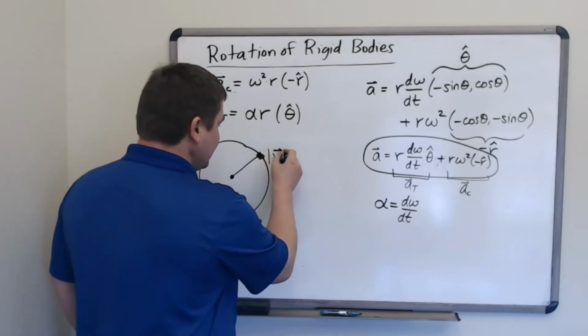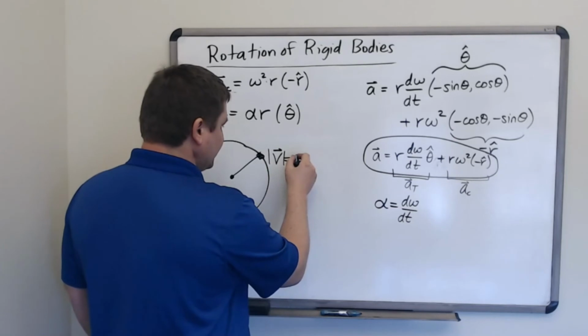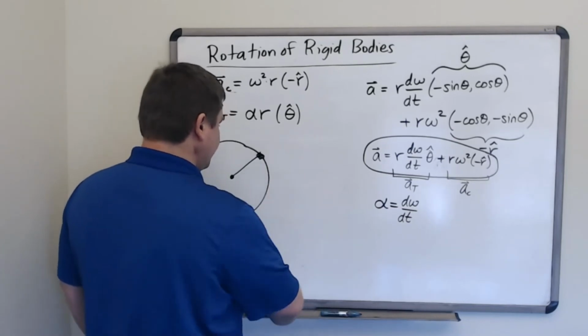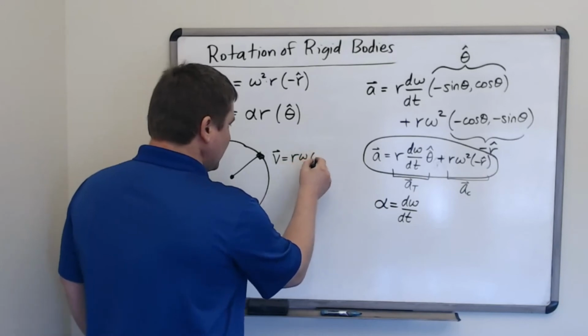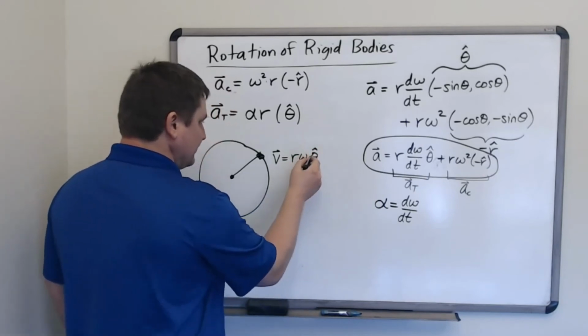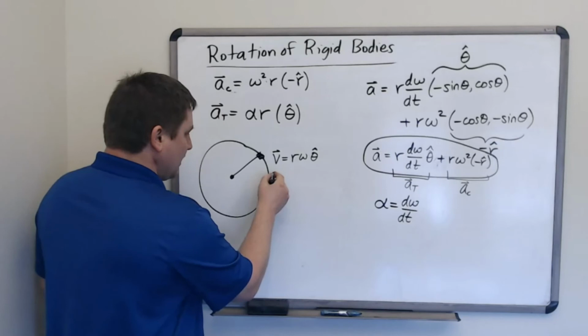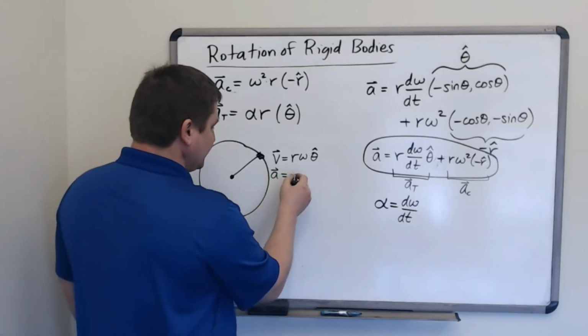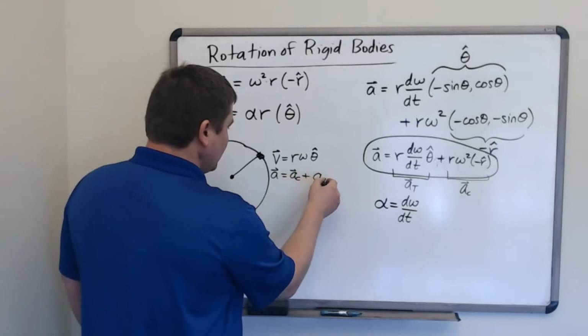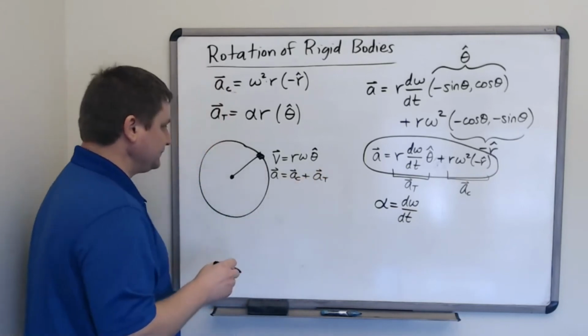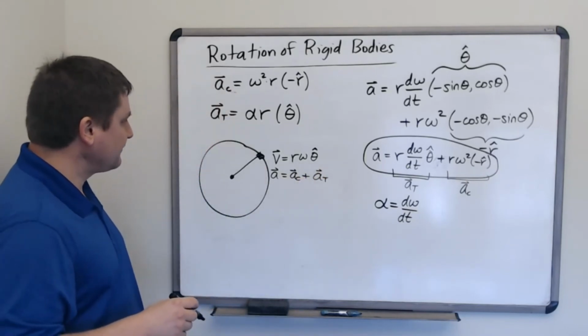The velocity of that piece of the object is equal to r times omega in this tangential direction. And the acceleration is equal to the centripetal portion plus the tangential portion.